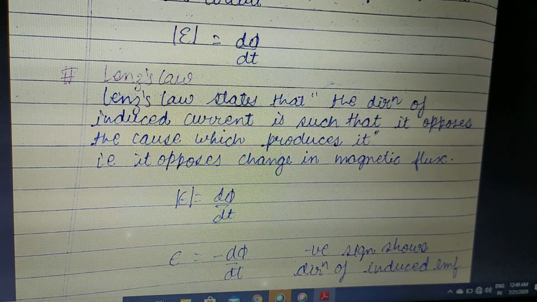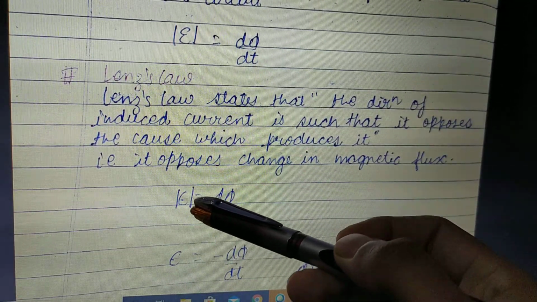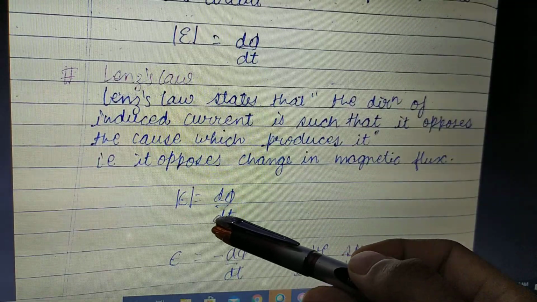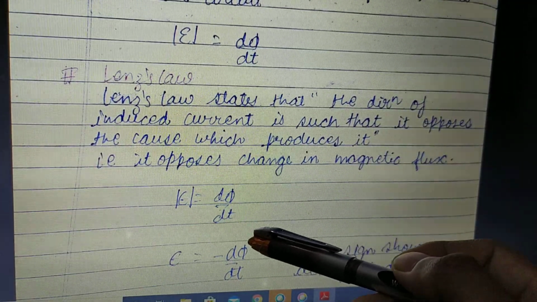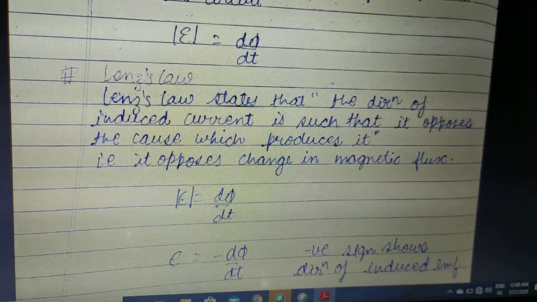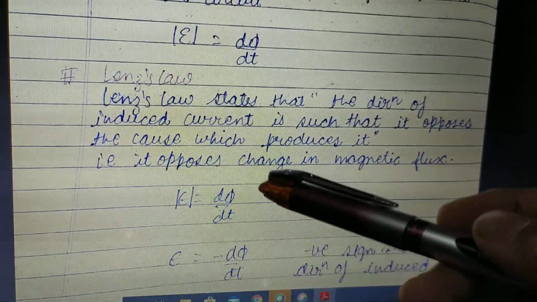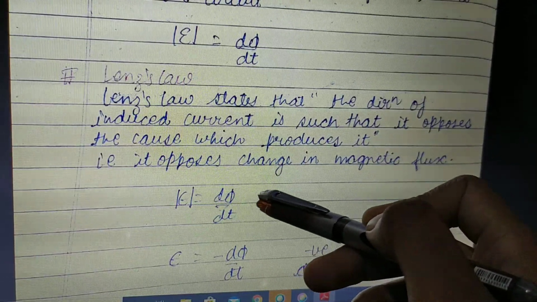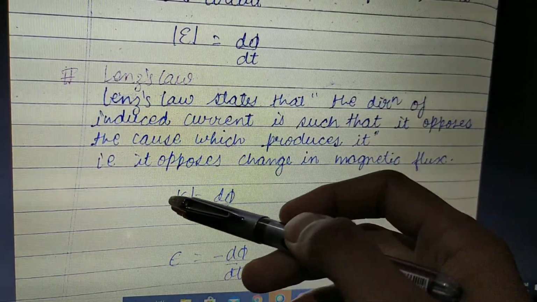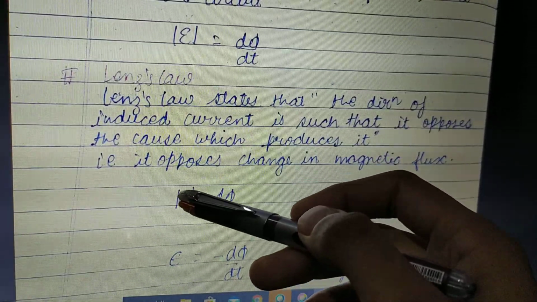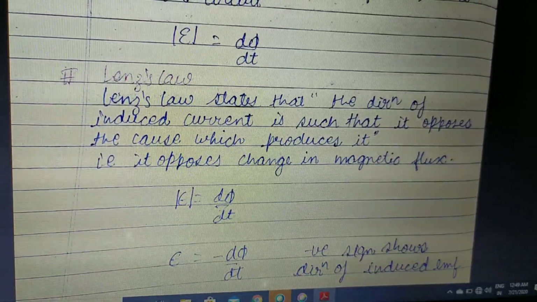So the magnitude of induced EMF is equal to d phi by dt, the rate of change of magnetic flux. This equation is basically showing us the magnitude value of EMF, that means the positive value, so you can see this EMF is written in modulus.